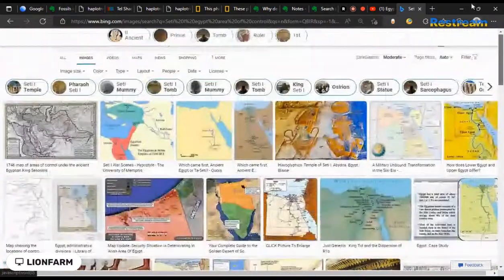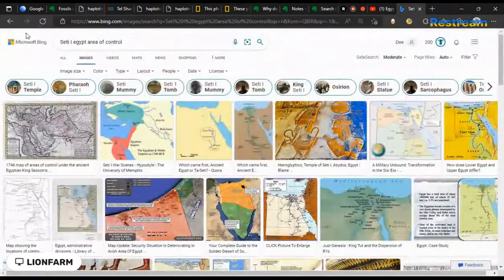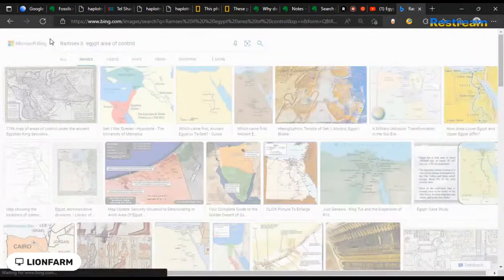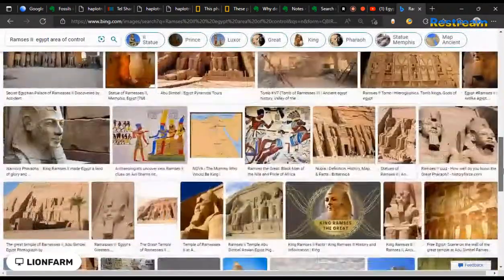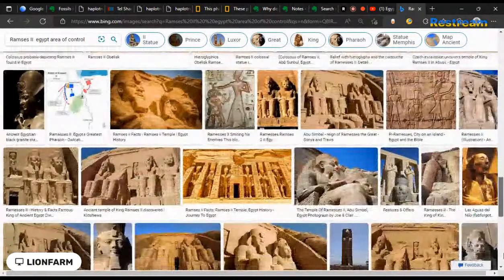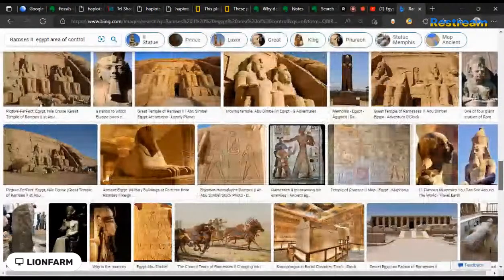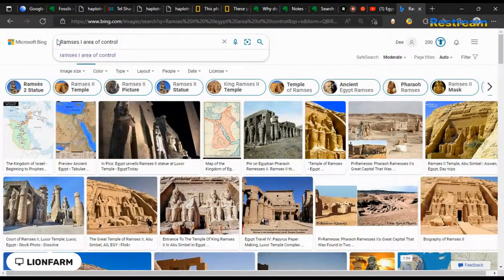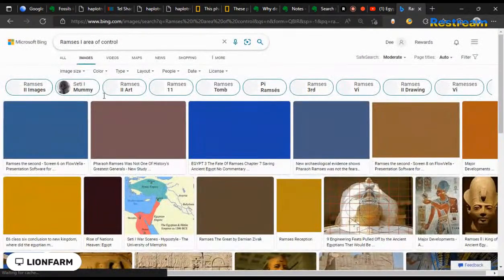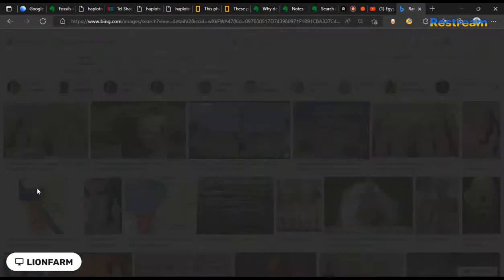Matter of fact, let's get Ramses. I'm going to look for a decent map. Let's actually put Ramses the First. Okay, this one's fine right here.